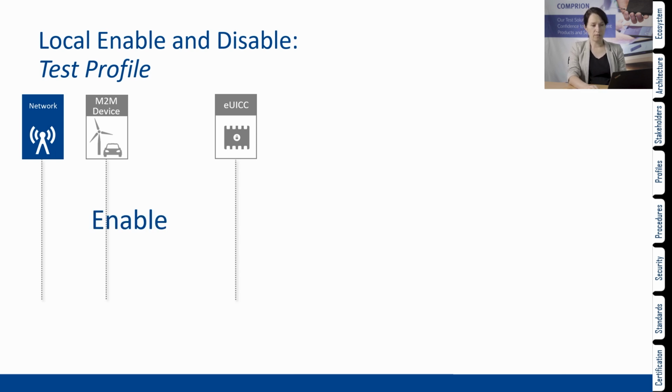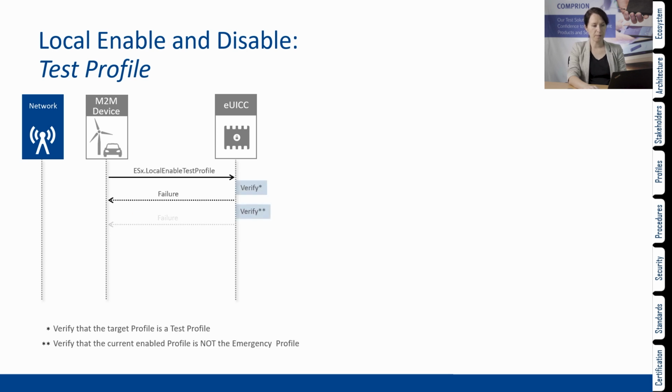For the enable, the local enable test profile goes from the device to the EUSSC. The EUSSC verifies that the target profile is a test profile. In case of failure, it comes back. Then it verifies that the current enabled profile is not an emergency profile, and enables the test profile.